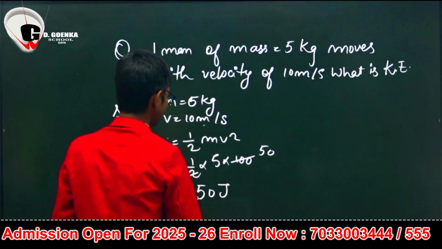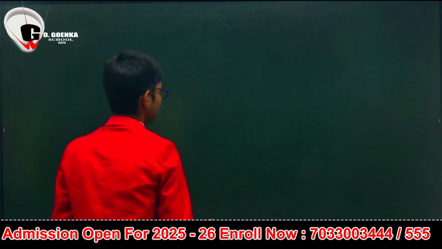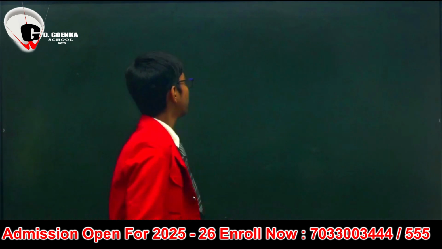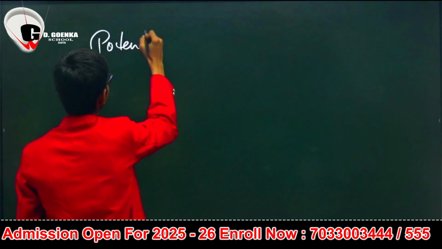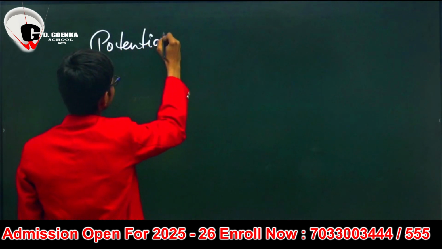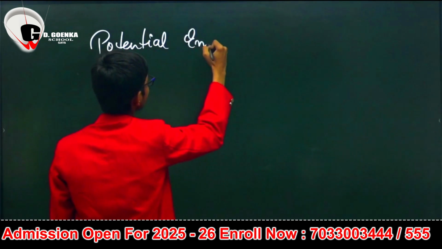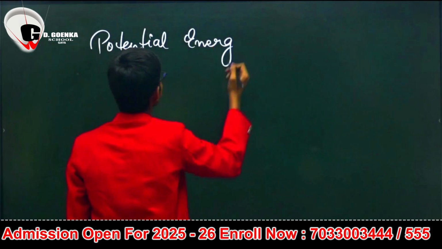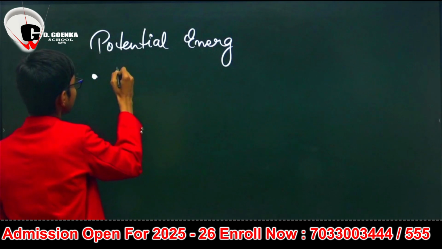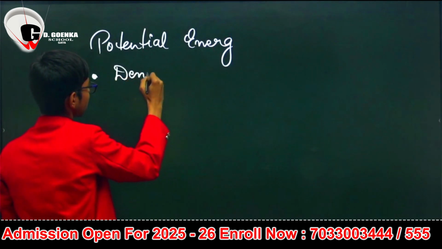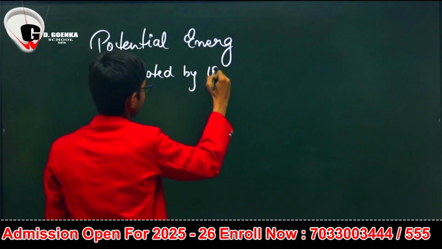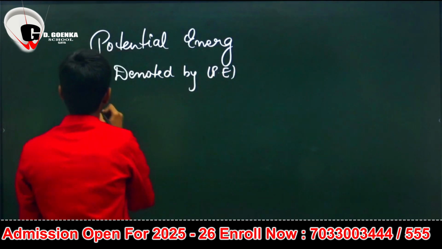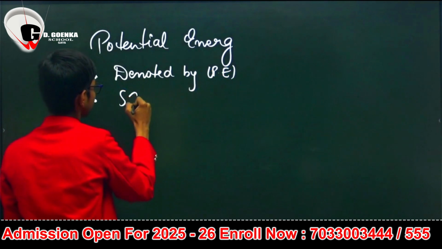So now let's move to the other type of energy, that is potential energy. So first of all it is PE and its SI unit is joule.